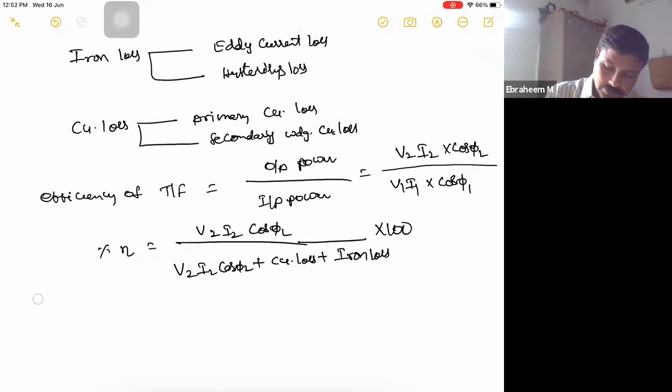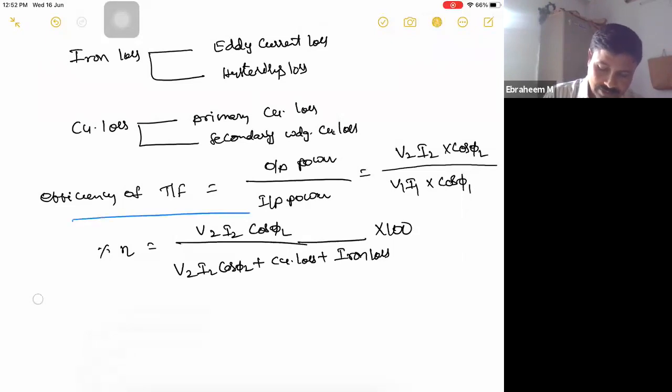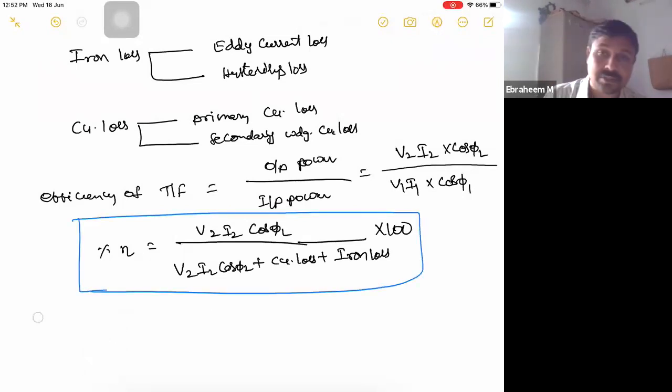So today this is how we define the formula for the efficiency.